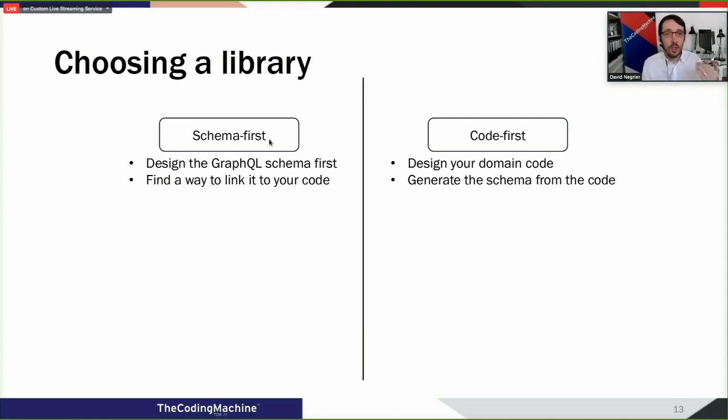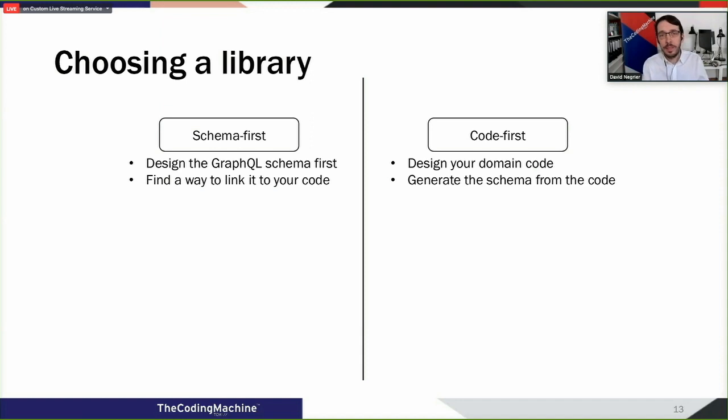And then the job of the library will be to find a way to link the schema to the PHP code. On the other hand, if you are using a code-first approach, you will be designing objects. And then the job of the library will be to generate the schema from the classes and the objects you've been designing.